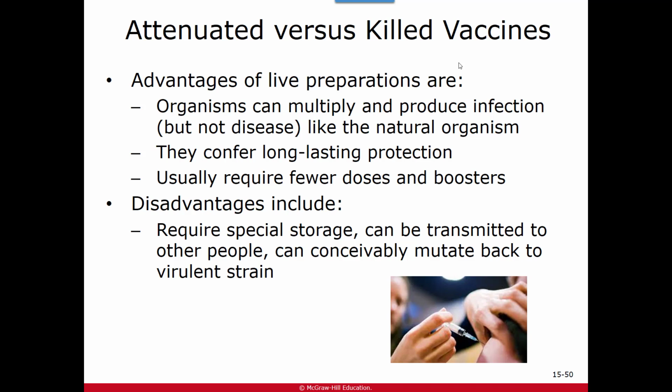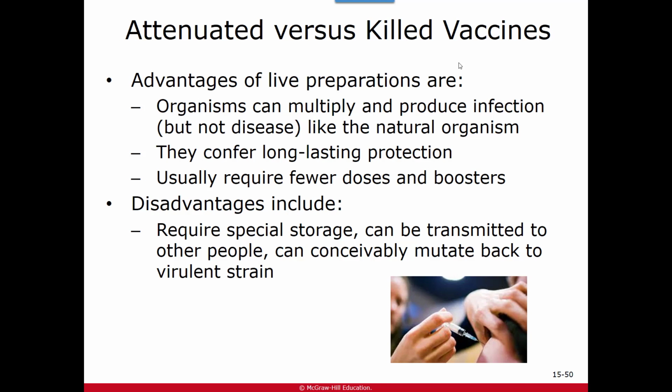Because you have a large number of the organism in the body, since it was multiplying, it's going to elicit a stronger immune response, which means you're going to have longer lasting protection. So it usually requires fewer doses, fewer booster shots. So, yay! However, disadvantages: it's a living organism.